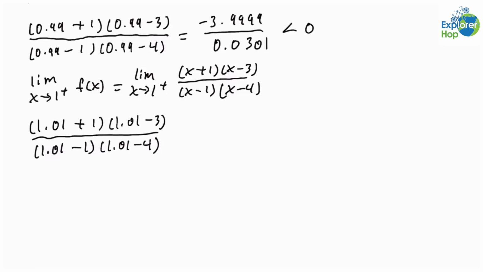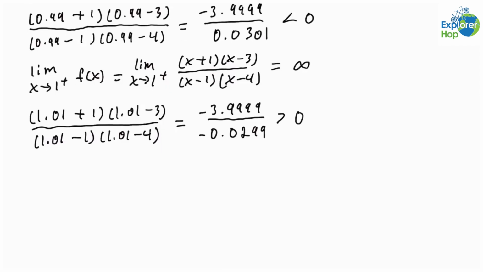And this is equal to negative 3.9999 over negative 0.0299. And this is greater than 0. So this indicates that the limit as x approaches 1 from the right goes to positive infinity. So this limit is equal to positive infinity.